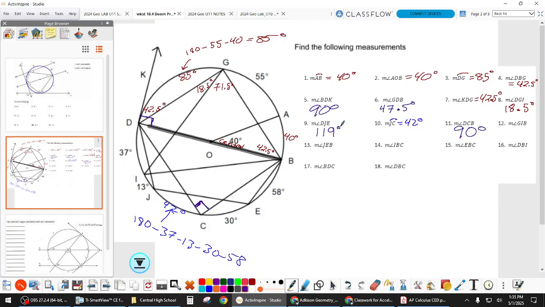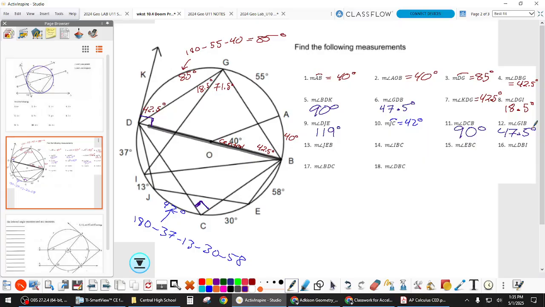Okay, GIB. There it is. GIB. What kind of angle is GIB? Inscribed to this arc right here. How big is it? 95. What do we do with the 95 to get GIB? Half. So 47.5. All right, you getting a rhythm on this now?